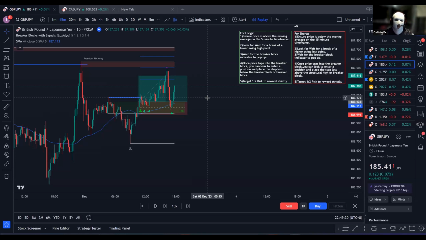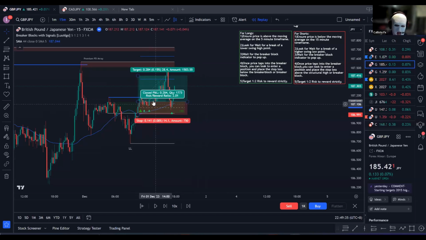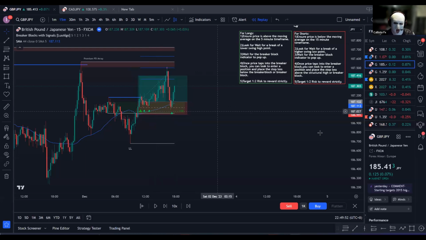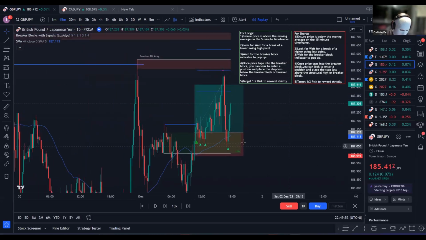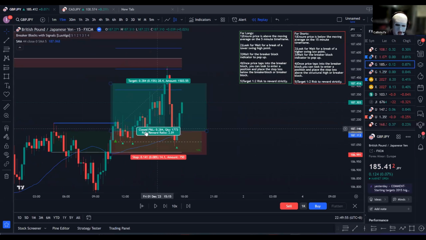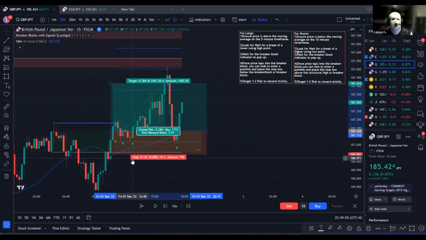If the candle touches this area like this, pumps up, touches down, and closes as a wick like that, it's telling me that price doesn't have the volume to push down lower. That's why it closes as a wick. So I enter here. Let me just zoom in for you guys to see. I enter here, put stop loss below and take profit at 1:2.